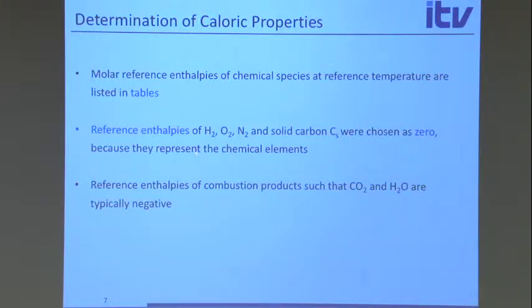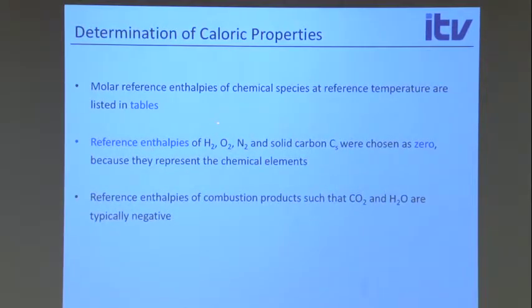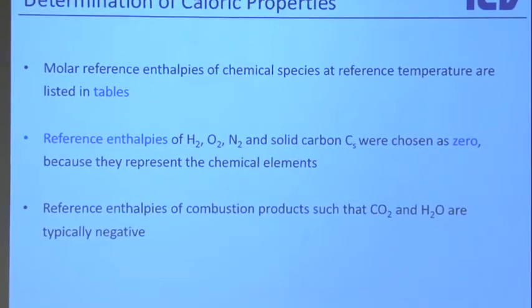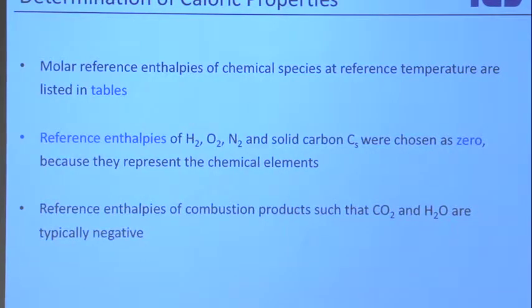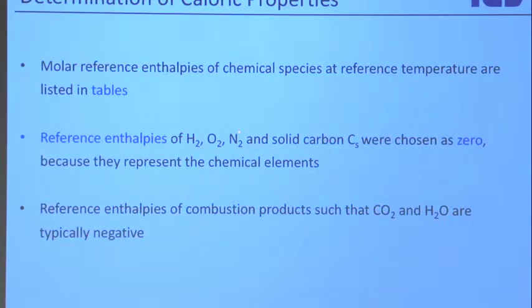The way this is done is you choose a reference enthalpy for each element. The consistency comes by having them consistent among the different elements. So you have one reference enthalpy for hydrogen, one for oxygen, one for nitrogen, and one for carbon. We typically use the hydrogen molecule, the oxygen molecule, the nitrogen molecule, and solid carbon, because that's the state you have at ambient conditions. And the reference enthalpies of these are set to 0. So the reference enthalpy of hydrogen is typically set to 0.